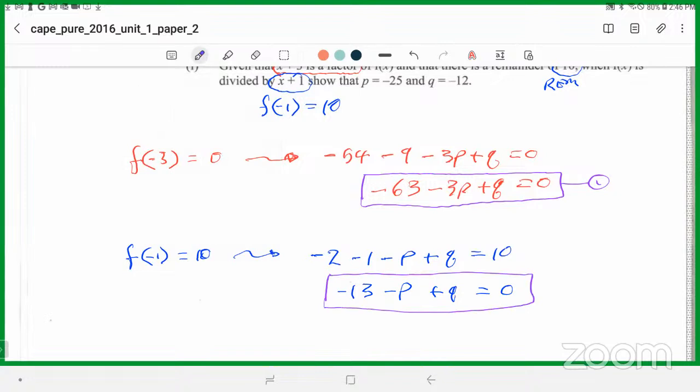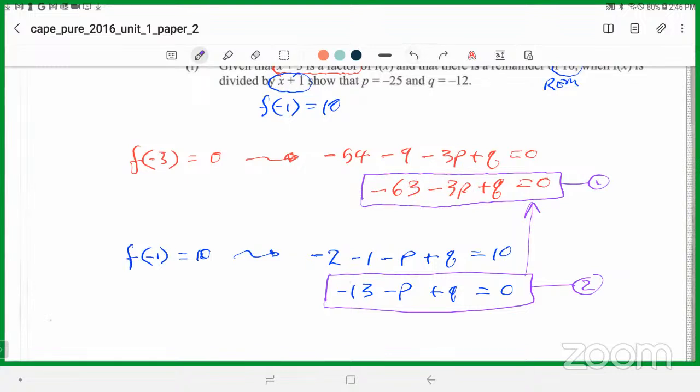I'm now solving those two simultaneously. If I want to get rid of the q, I can subtract the two equations. Because I have all that negative in it, I'm going to do equation 2 minus equation 1. When I subtract this one, this becomes a plus and that becomes a plus.